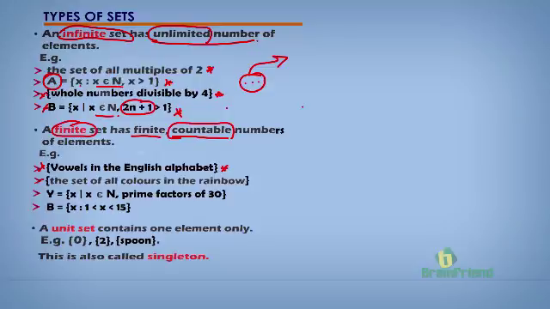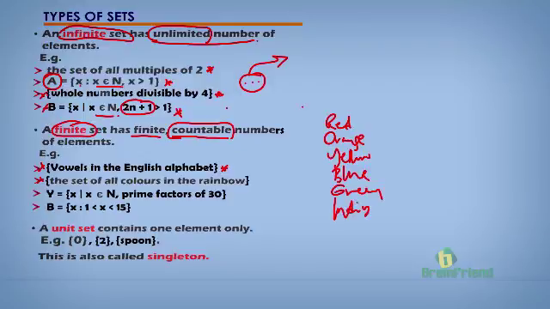Let's look at another example. The set of all colors in the rainbow. If I ask you to tell me the set of all colors in the rainbow, let's do a quick write-up. So we have red, orange, we have yellow, we have blue, we have green, we have indigo, and we have violet.